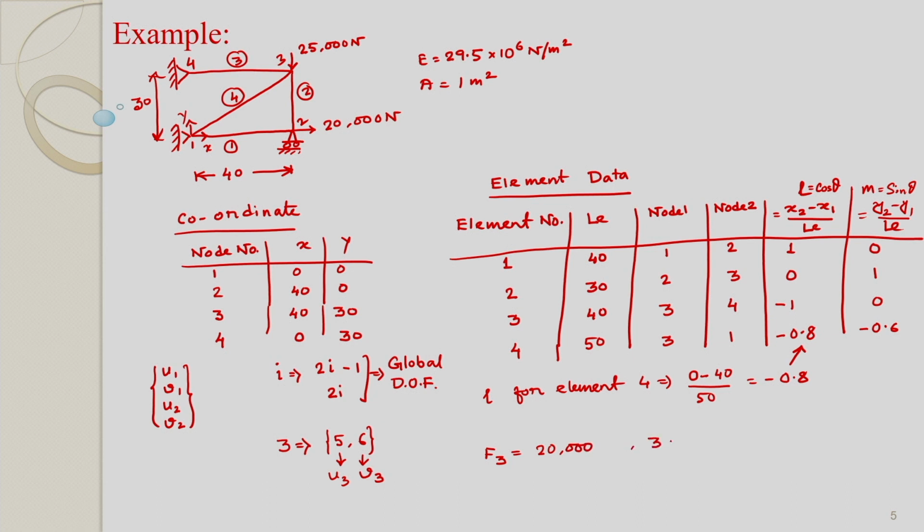This 3 is coming from 2i minus 1. So, this is corresponding to x and this is corresponding to y. Now, this 25,000 Newton is in y direction for node 3. So, it should be F6, 2 into 3 is 6.